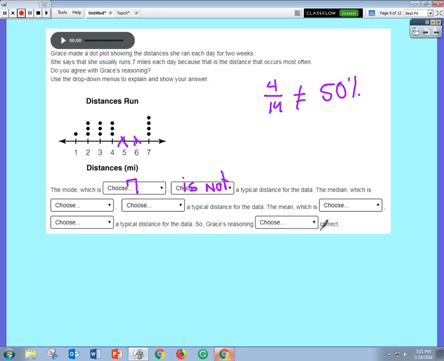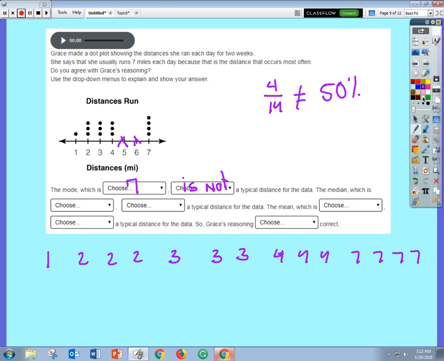The median, well, let's take a look at the median. We have 1, 2, 2, 2, 3, 3, 3, 4, 4, 4, 7, 7, 7, 7. The median, we have 1, 2, 3, 4, 5, 6, 7, 8, 9, 10, 11, 12, 13, 14. 14 is an even number. Let's cut that in half. Let's go 7.